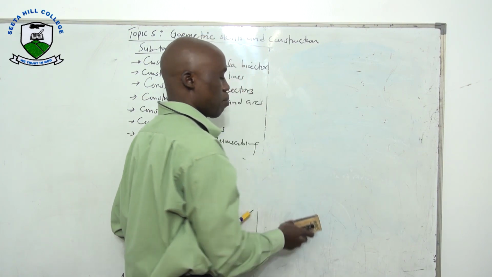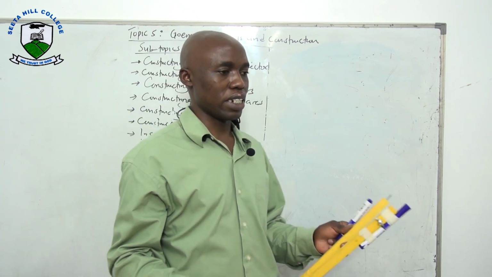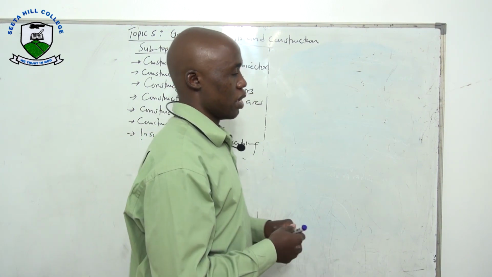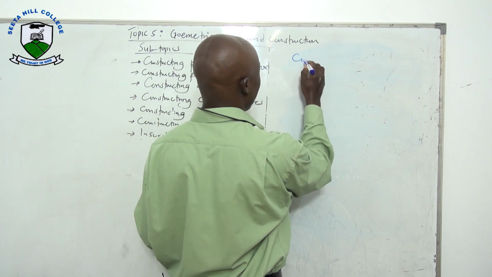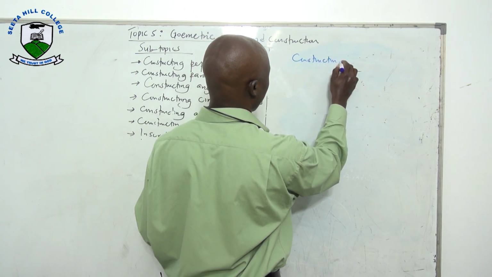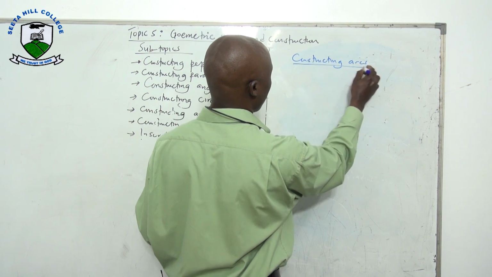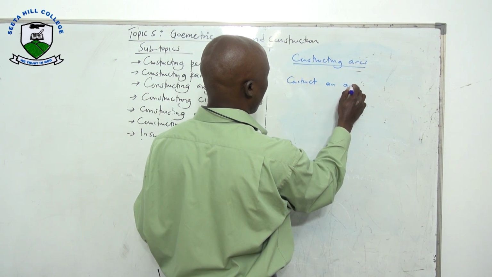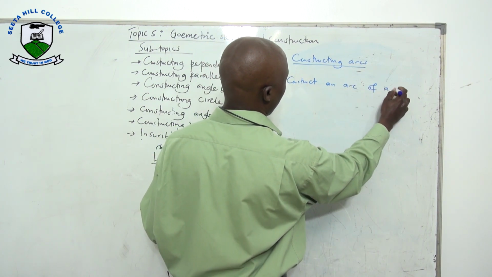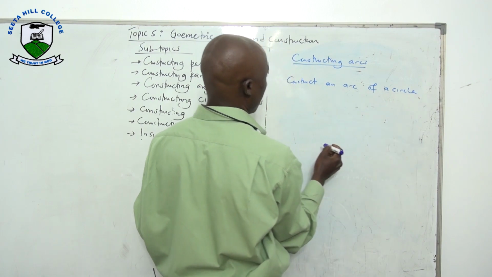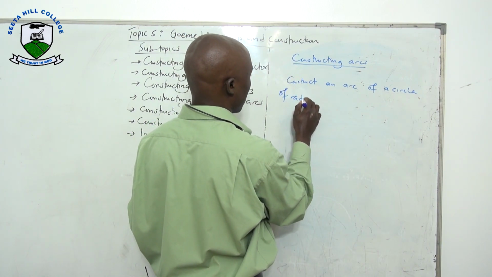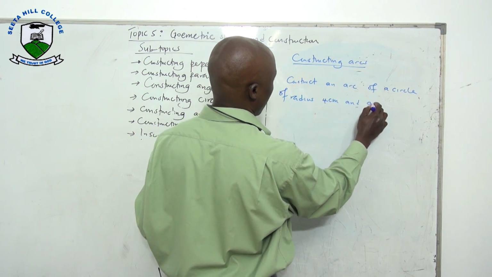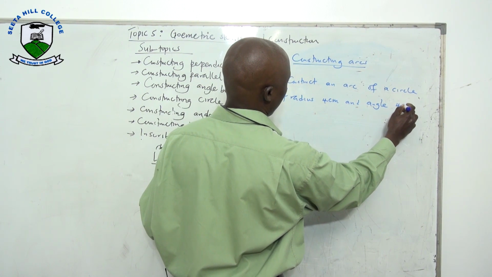That's finished. Now, if they give you a diameter, how do you get the radius? You divide by 2. Okay. Now constructing arcs of a circle of radius 4 centimeters and angle 45.